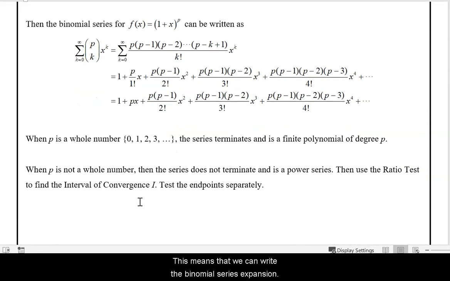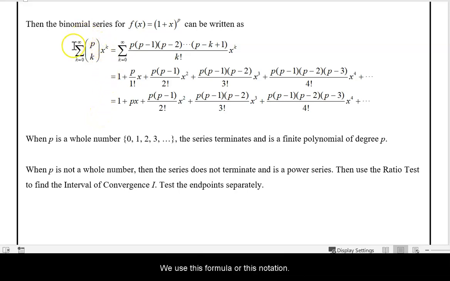This means that we can write the binomial series expansion for 1 plus x raised to the p power in this format here. Now, this is a pretty long and expanded formula to remember. We're probably not going to be able to remember it, so instead we have a way of shortening it.